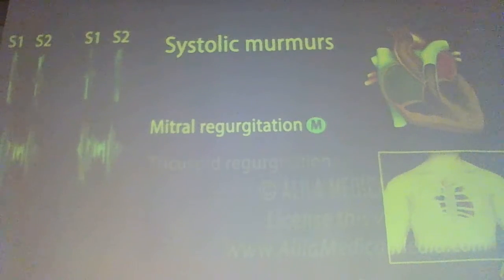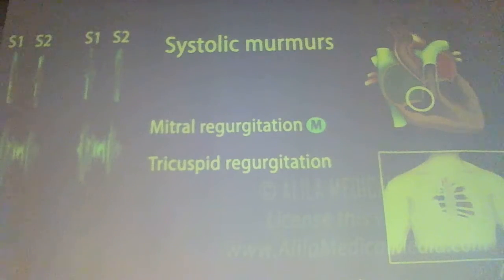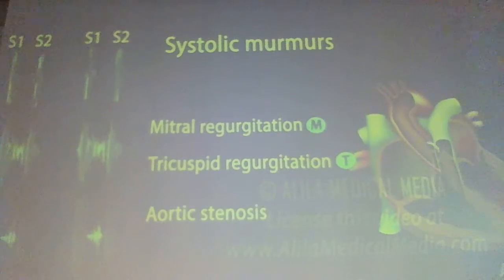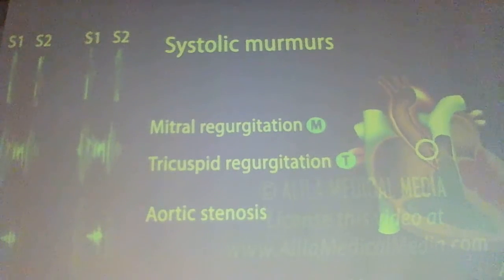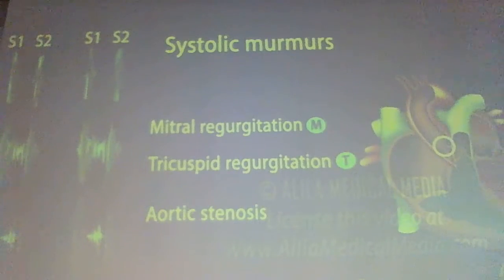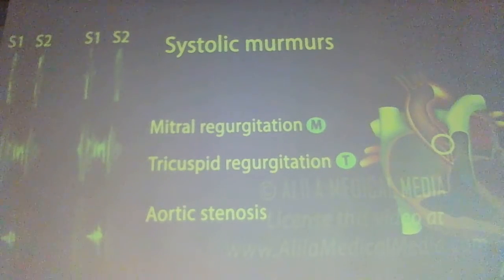On the other side of the heart, a tricuspid valve regurgitation has similar timing and shape, but is loudest in the tricuspid area, and the sound radiates up along the left sternal border. Aortic valve stenosis. When the aortic valve does not open properly and blood is forced through a narrow opening, the blood flow starts small, rises to a maximum in mid-systole at the peak of ventricular contraction, then attenuates toward the end of systole.